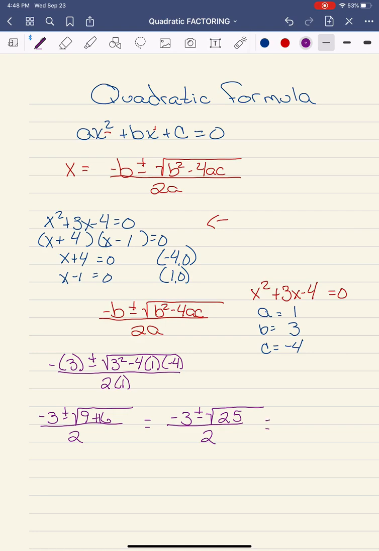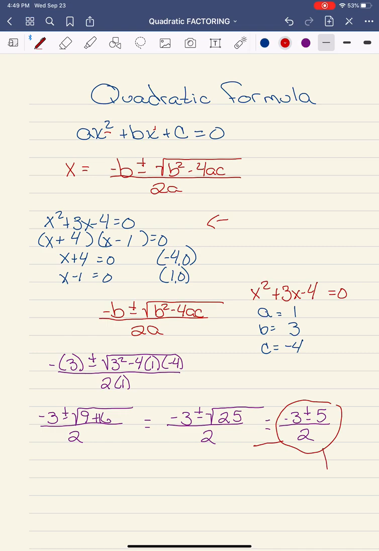From here, I have negative 3 plus or minus the square root of 25, which is 5, all divided by 2. So what I'm going to do now is separate this expression. I will have my positive and I will have my negative answers.